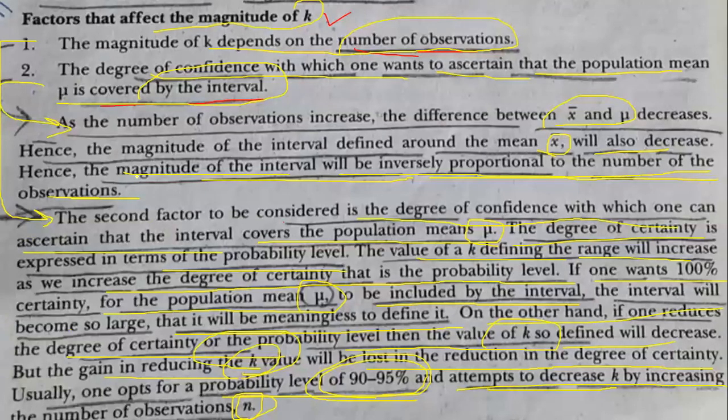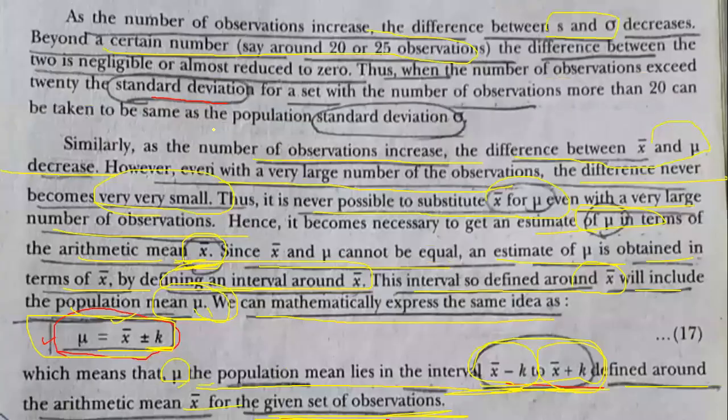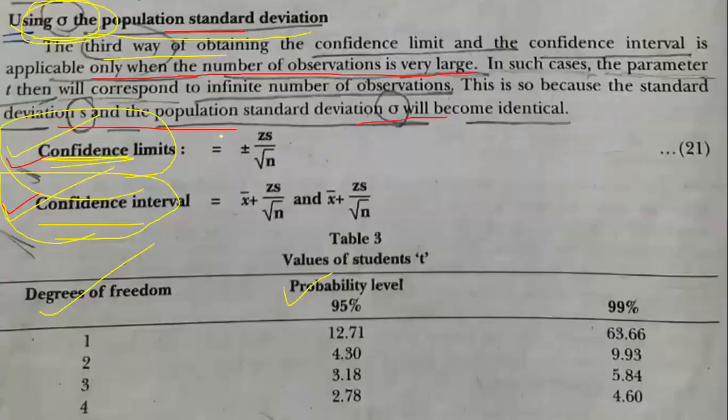The confidence limit is a statistical limit defined around x bar, and this is the confidence interval. In this way we can define the terms and find them for a given degree of freedom and probability level.